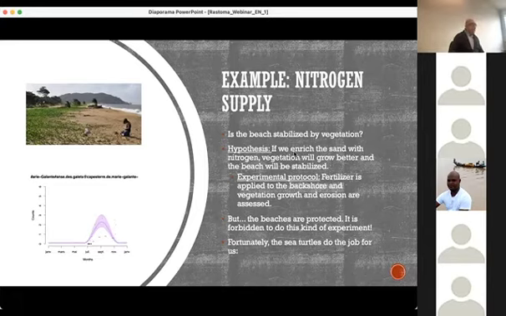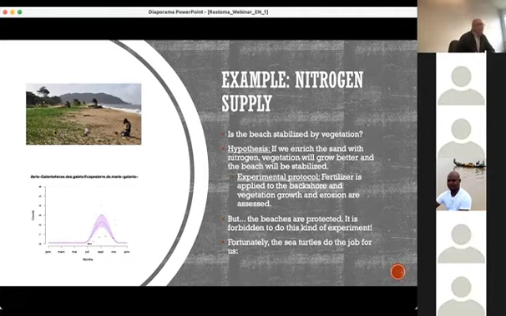The hypothesis is that if we enrich the sand with nitrogen, vegetation will grow better and the beach will be stabilized.